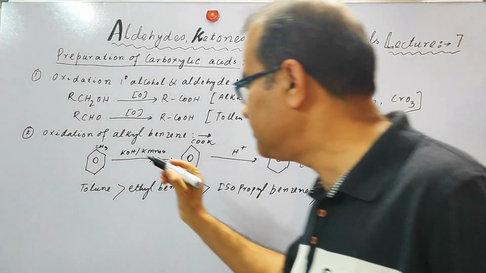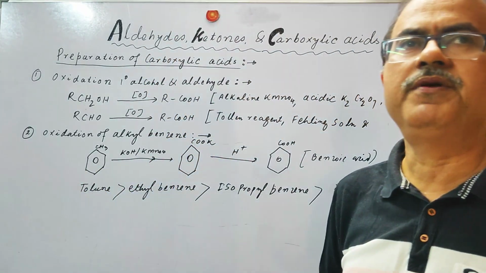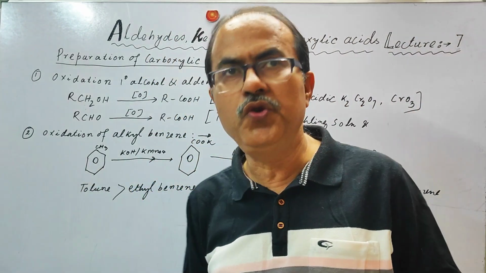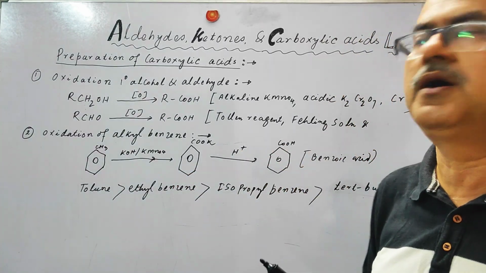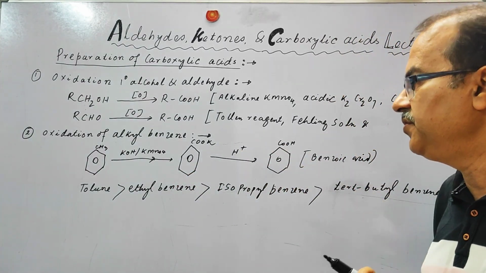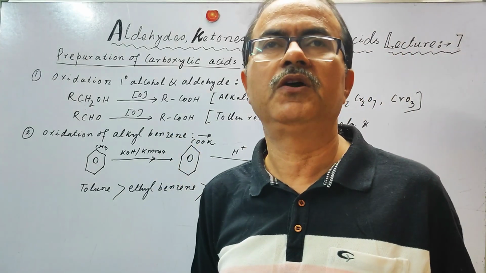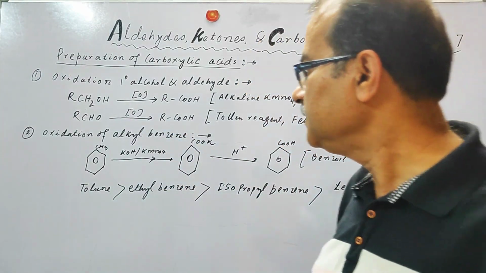So reactivity is highest in case of toluene and weakest in tertiary butyl benzene, but all the side chains will be converted into benzoic acid when we use this oxidizing agent.